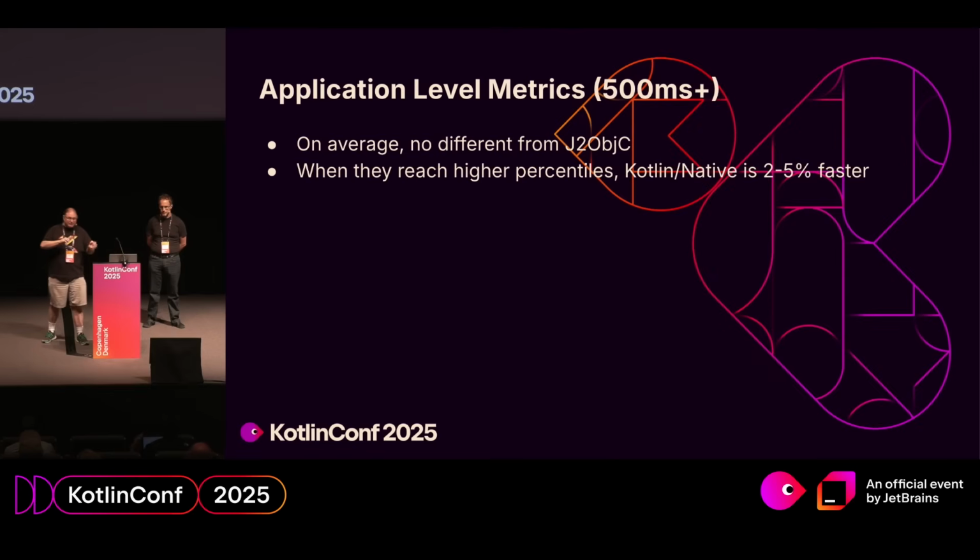When you reach the really, really high percentiles, so that's the average, right? If you talk about the P90, the P95, the P99s, you'll see a little bit of improvement, like 2% or 5% improvement, which for long-running metrics at P95, P99, that's actually a lot of milliseconds. But generally at the average, again, they're about the same running time.